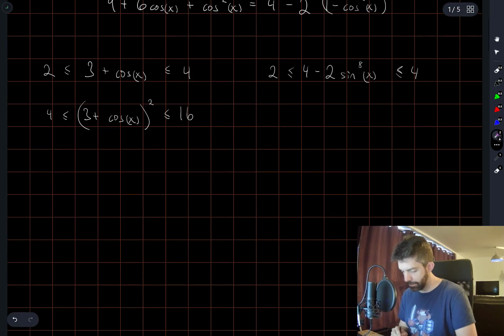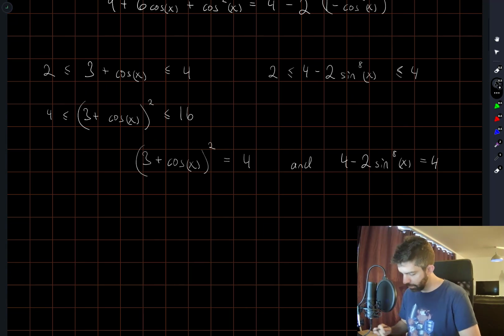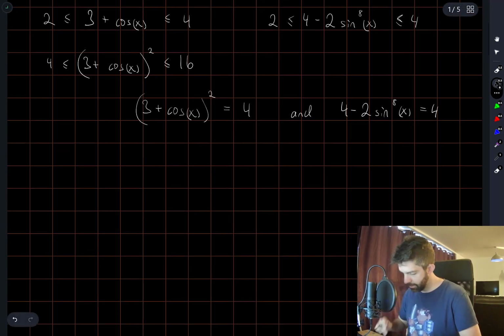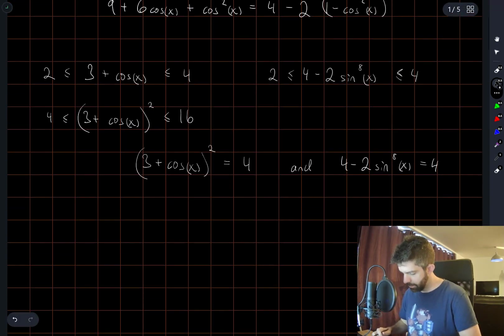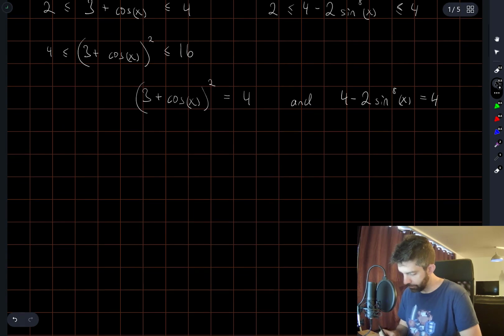So this means that these two quantities can only be equal if they're both equal to 4. Okay, so let's see what we get here. Well, immediately this tells us that sine of x has to be equal to 0.